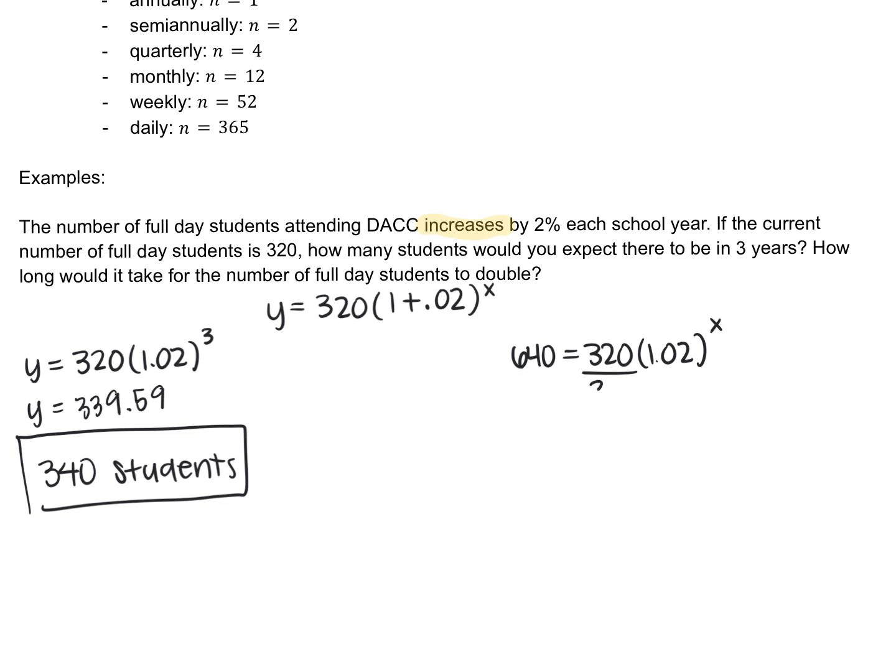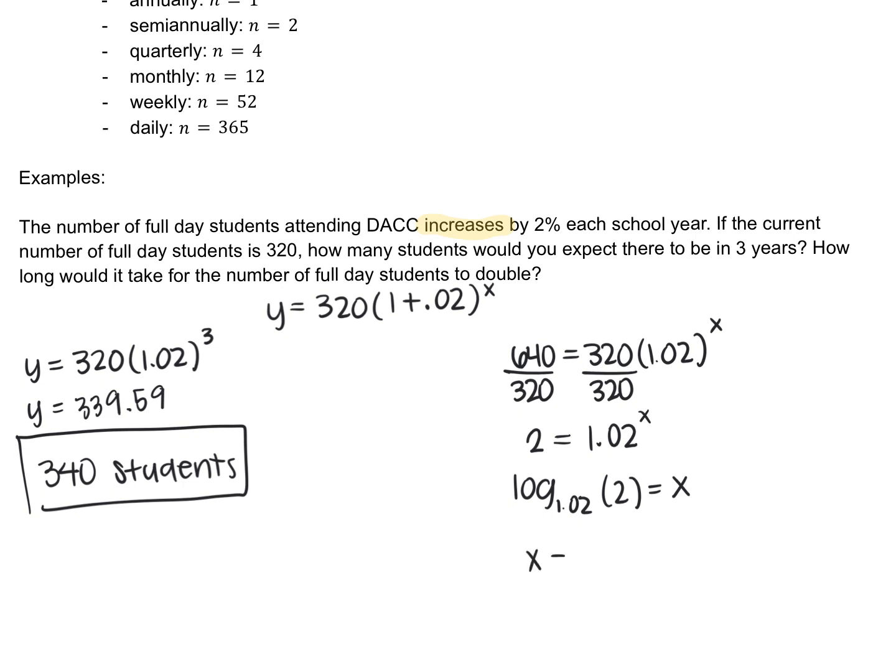My first step, divide both sides by 320. So we get 2 equals 1.02 to the x. Convert it to logarithmic form. So log base 1.02 of 2 equals x. And then using change of base, we do log 2 divided by log 1.02.